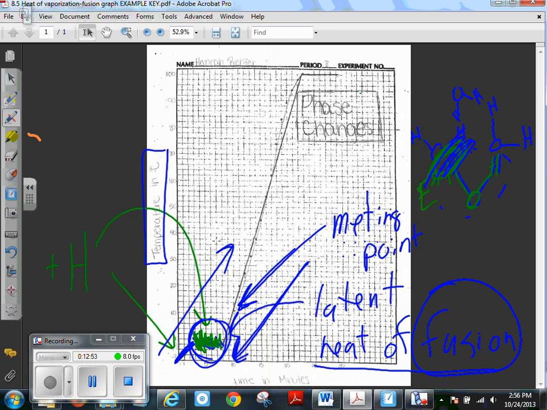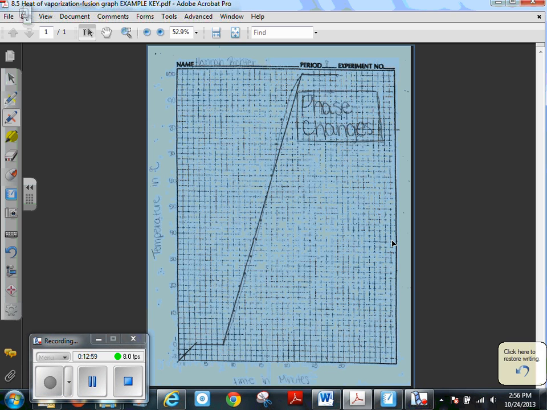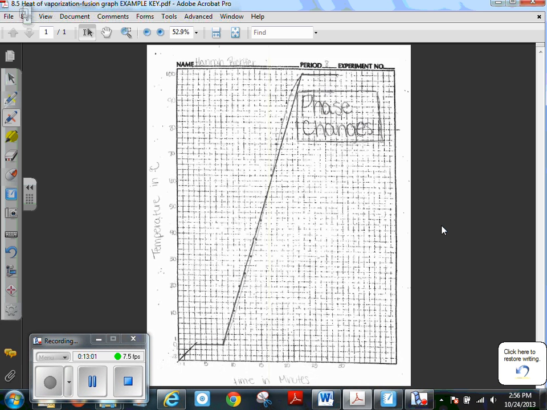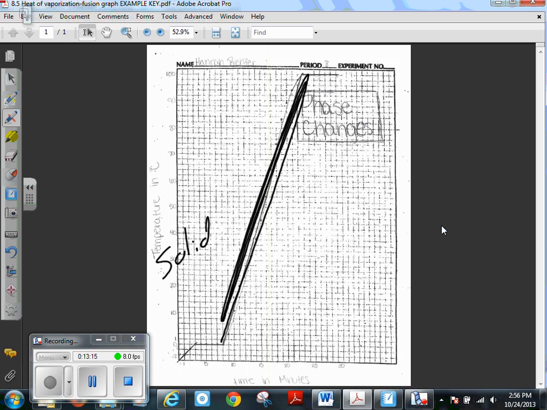Okay, so let's keep looking here. I'm going to move some of these pieces away so you can see and pay attention to other things. Right down here we had solid, right? And then here we have part solid and part what?